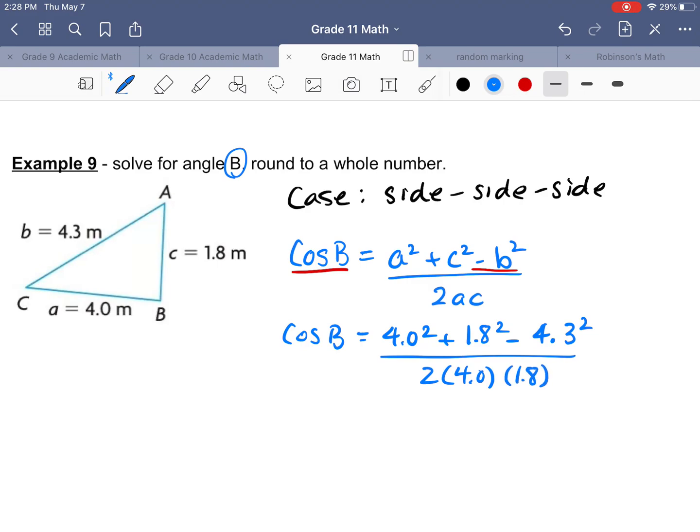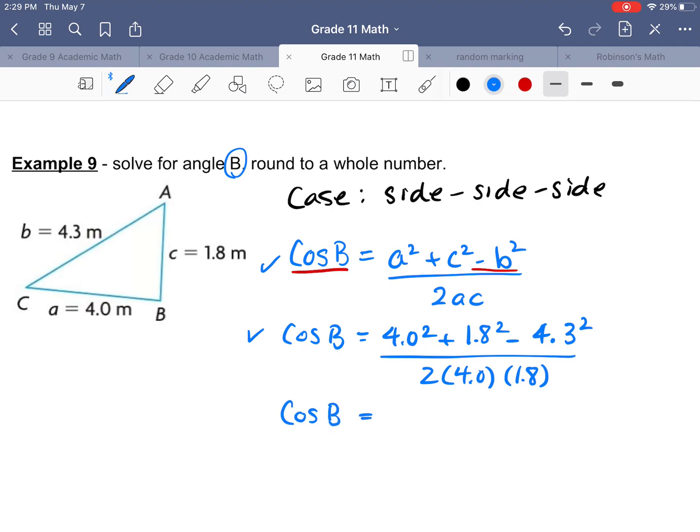So now we have cos of B is equal to 4.0 squared plus 1.8 squared minus 4.3 squared, all divided by 2 times 4 times 1.8. Now, many of you can punch that all into your calculator at this point and solve for angle B. But for those who cannot, or you're just not comfortable doing that, let's do some more calculations to simplify it.